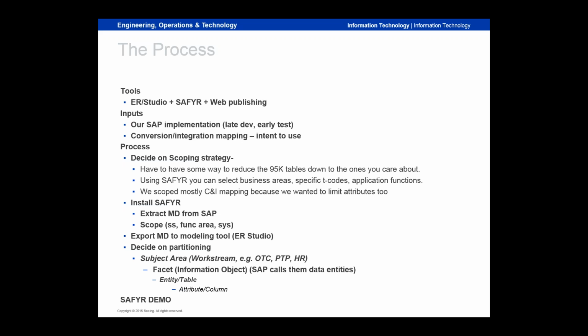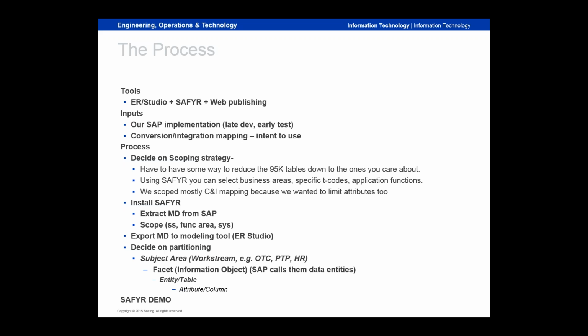So the process looks like this. First, you have to decide on a scoping strategy. You have to have some way to reduce those 95,000 tables down to the ones you care about. In our case, we started with the conversion integration mapping. With Safyr, they have the capability to sub-select on certain business areas, functions, specific transaction codes.